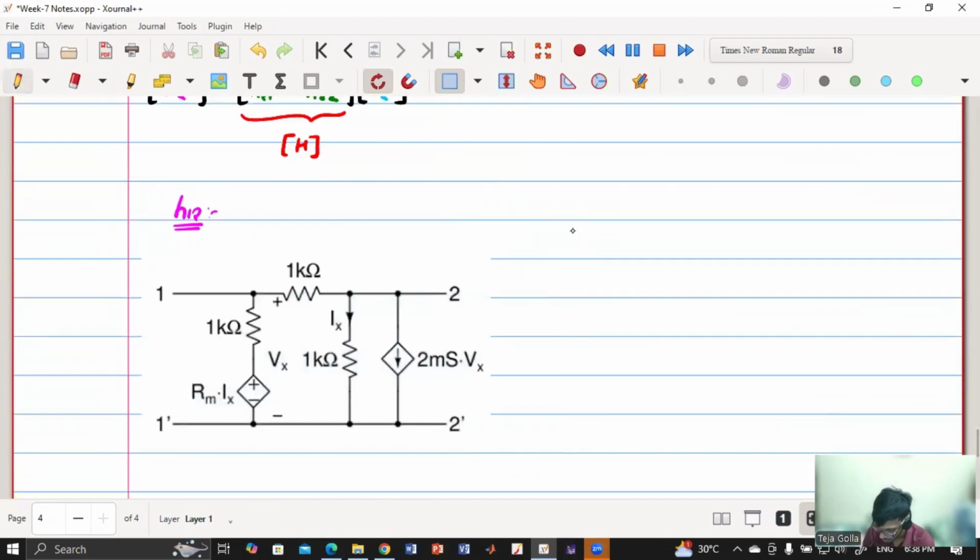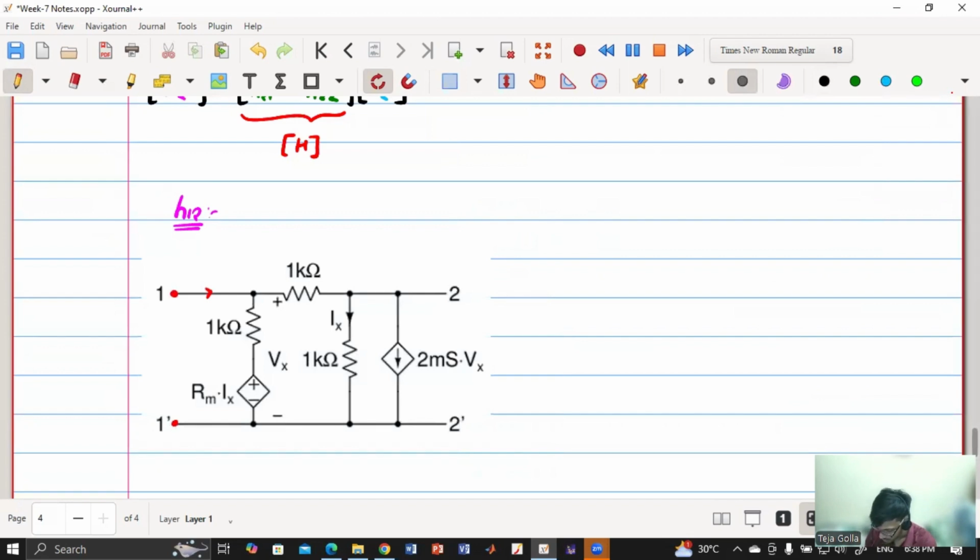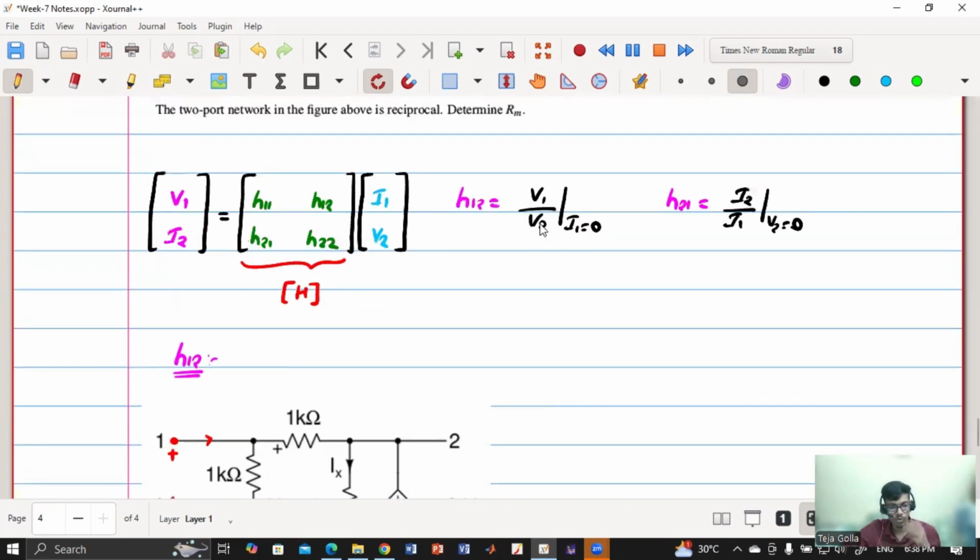I1 equals 0 means this will be open. Then only this is I1, right? This current will be 0. So now this voltage is becoming plus minus V1. We have to follow the same convention for currents and voltages. Now at port 2, we are giving a voltage V2, because V2 is the input and V1 is the output.